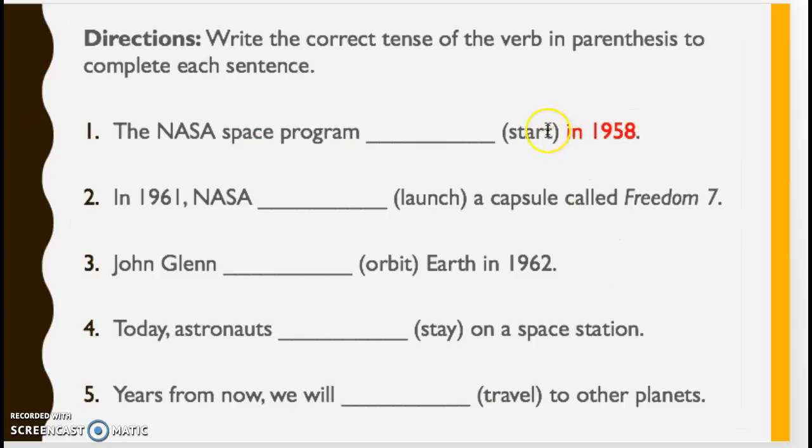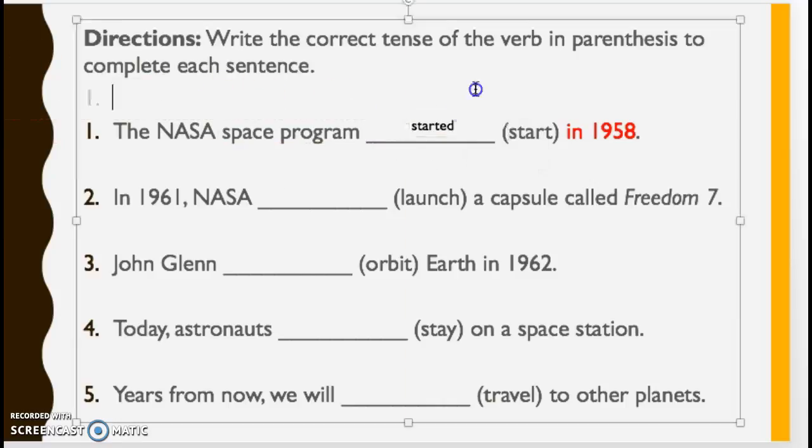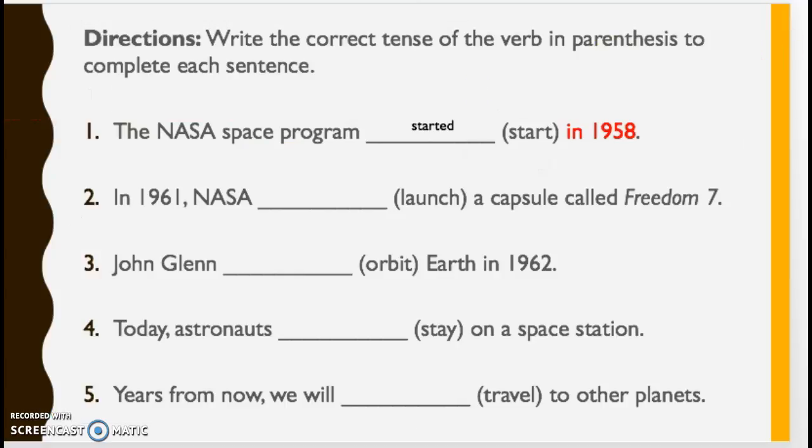So I need to take the word start and make it past tense. So how do I make start past tense? I add an ed, of course, which would make the word started. So always make sure you go back and check your sentence that the word makes sense. The NASA space program started in 1958.